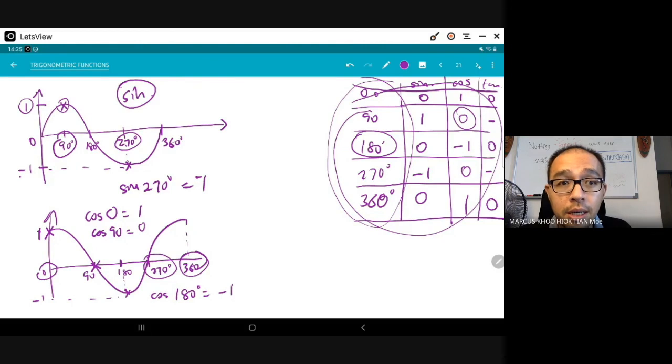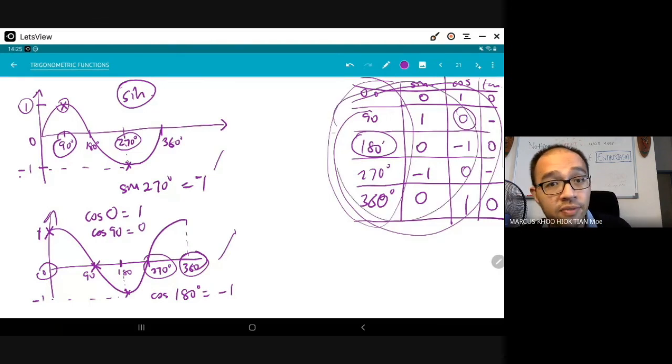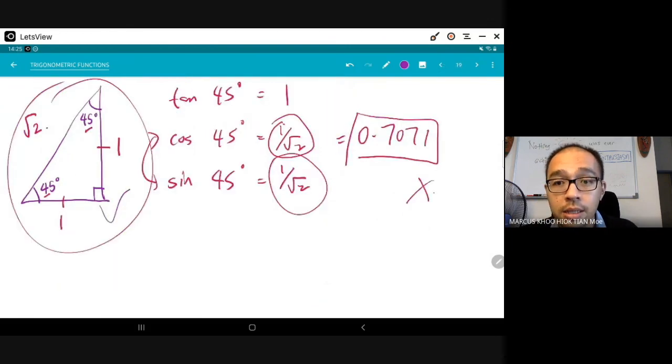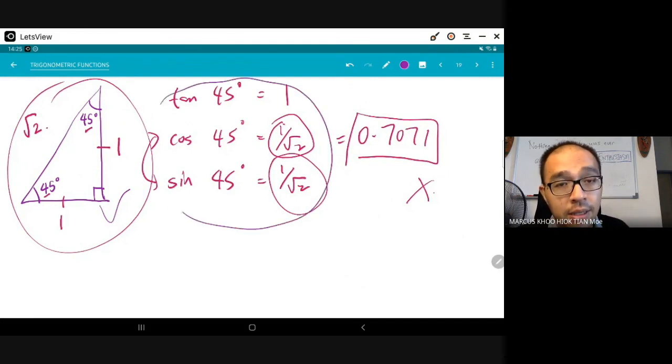So if you know this graph, then it should be able to help you to memorize these values. But for me, more importantly, are these two triangles. I would advise you to memorize the triangles rather than memorizing these values. Yes, you want to do it the hard way, but don't make it too difficult.